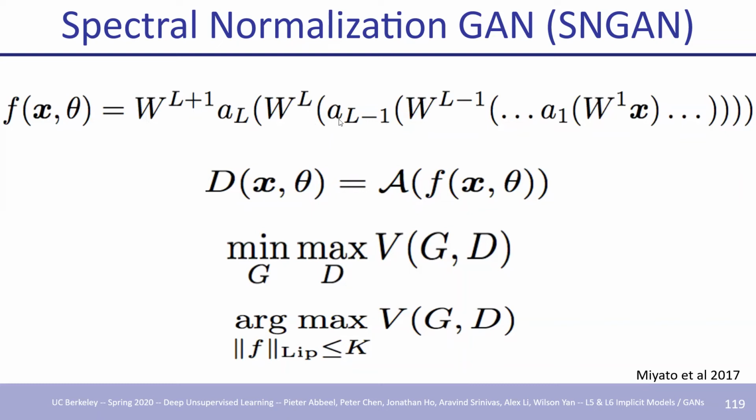And this is the GAN where we have the discriminator.